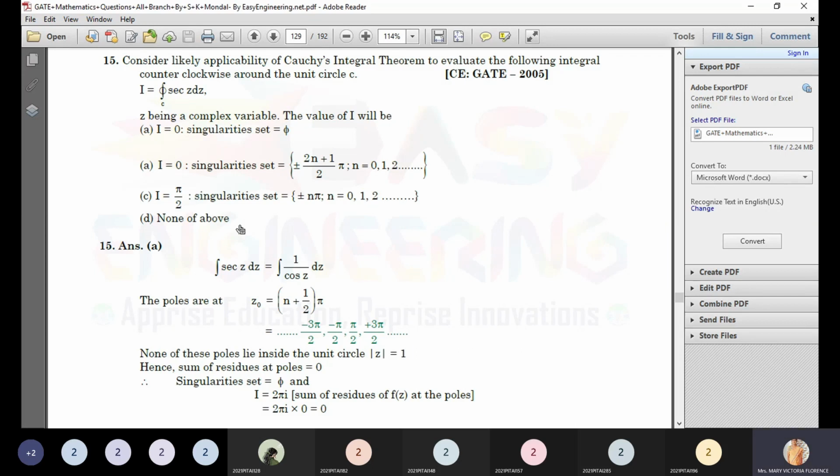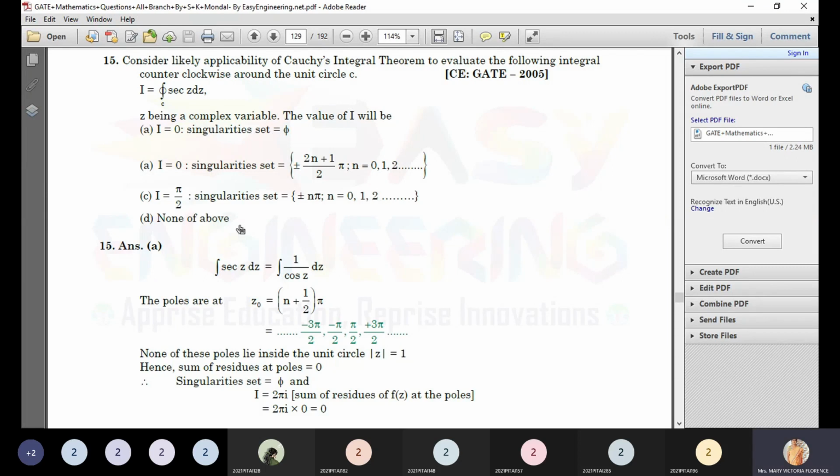Suppose we put negative values. n takes the value minus 1, so minus 1 plus 1 by 2 into pi, minus pi by 2. n takes the value minus 2, minus 4 plus 1, minus 3 pi by 2.